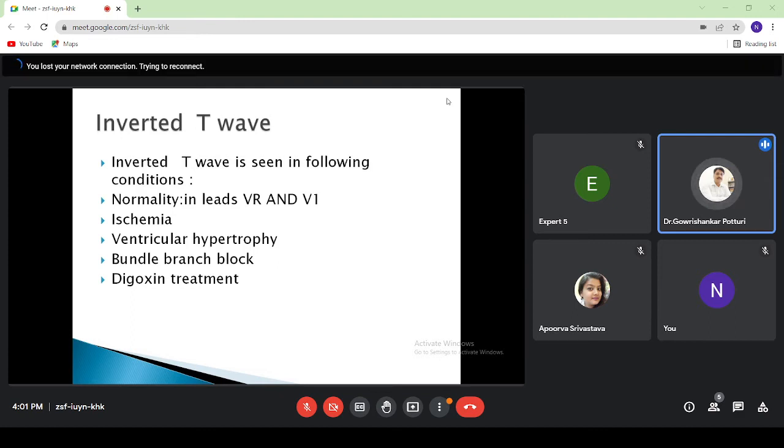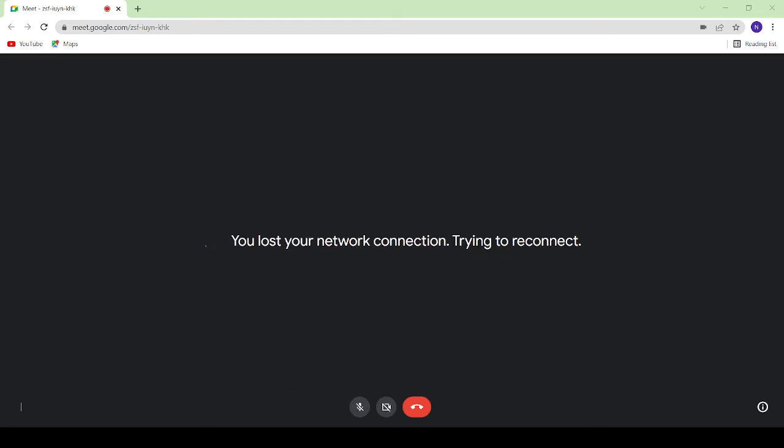Normal QT interval is less than 0.42 seconds. Short QT interval is seen in electrolyte abnormalities.